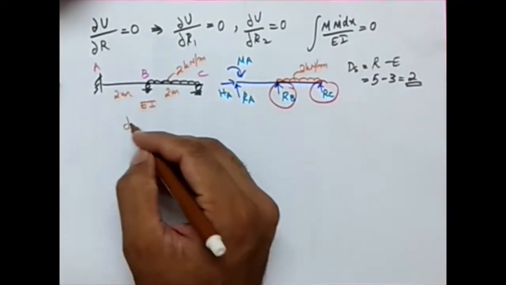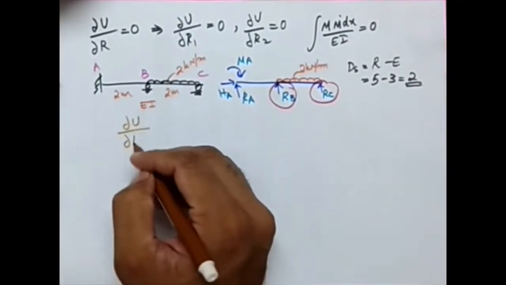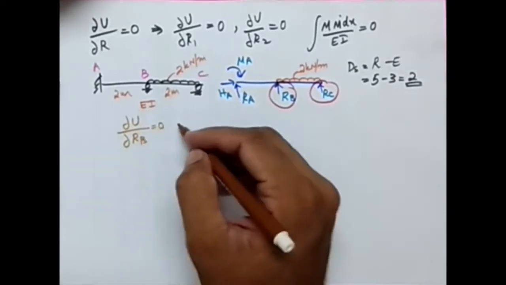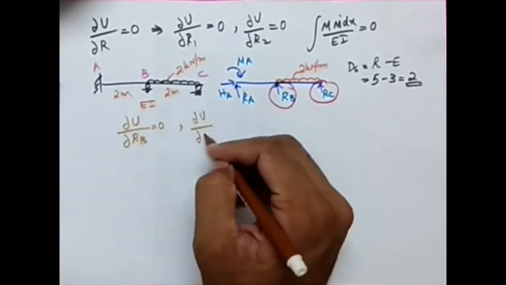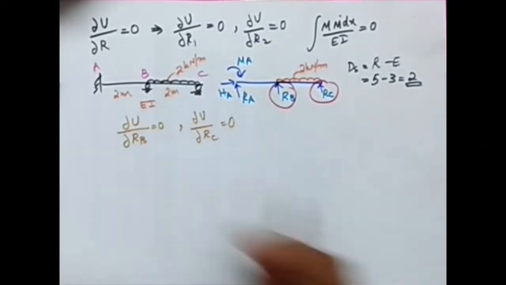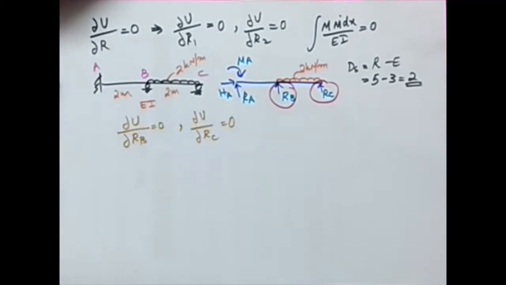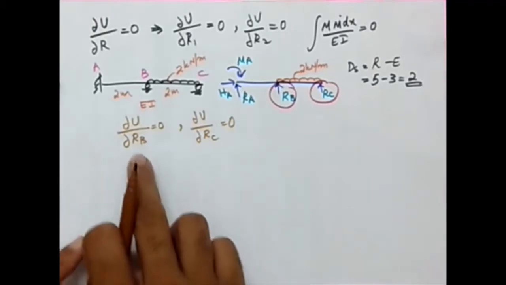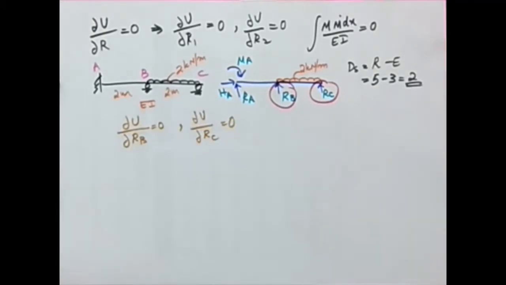One equation is dou U by dou RB equal to 0. Similarly, dou U by dou RC equal to 0. We'll have two equations in this problem, and basically two unknowns. So now let's see how to solve it.